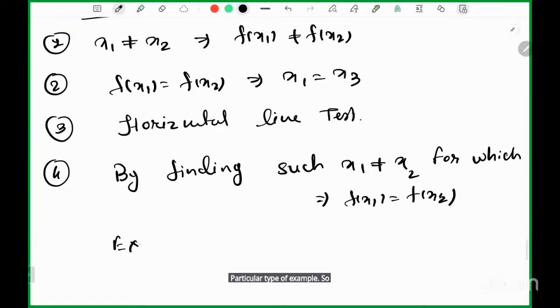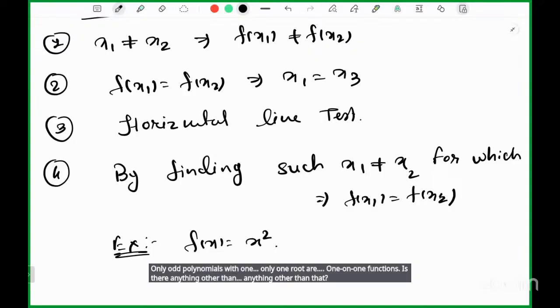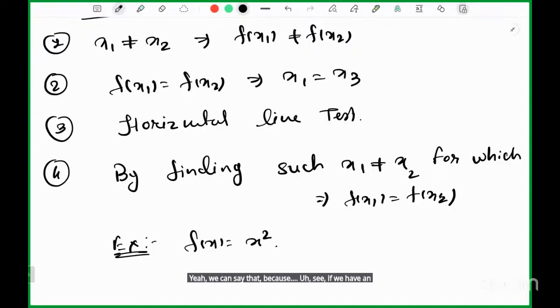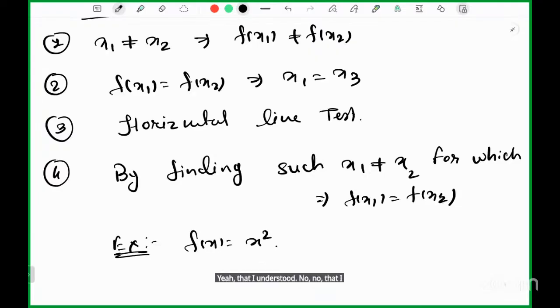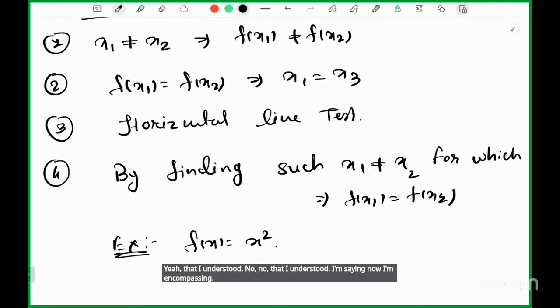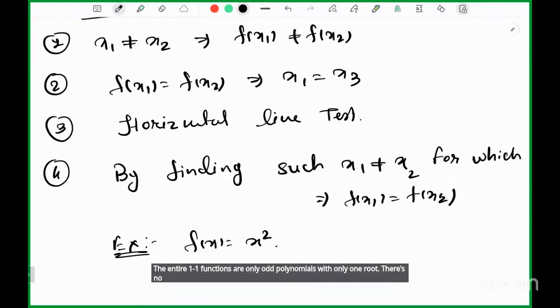I have one doubt. Can we say that only odd polynomials with only one root are 1-1 functions?